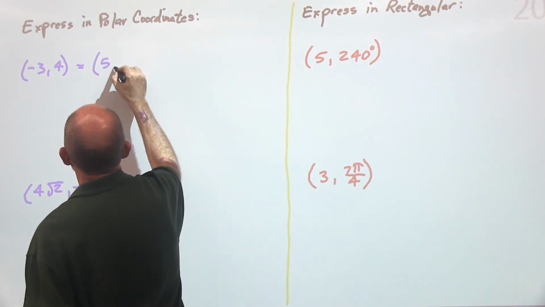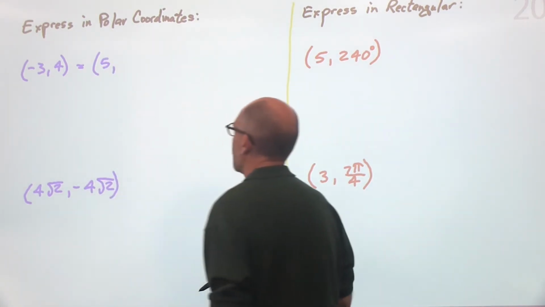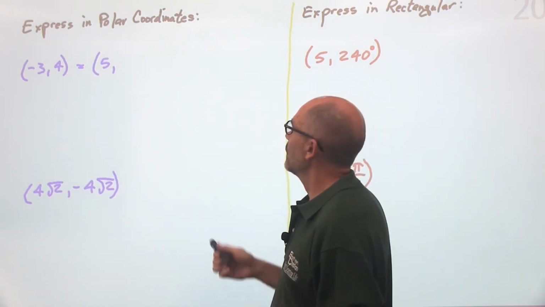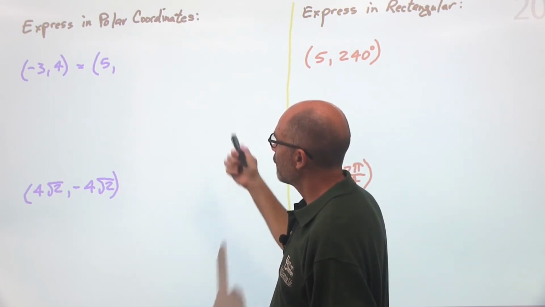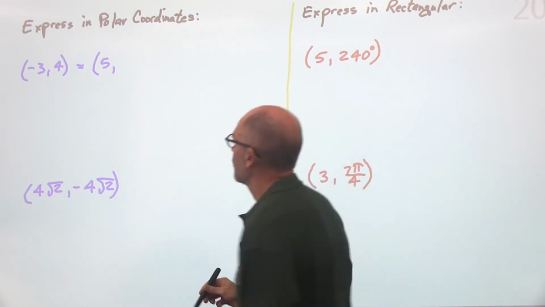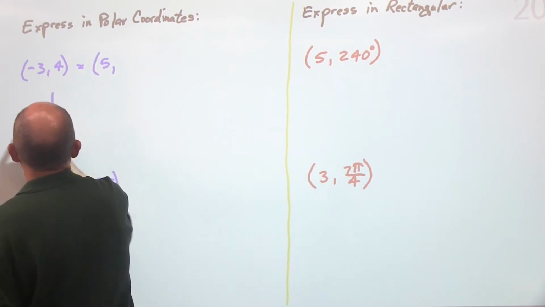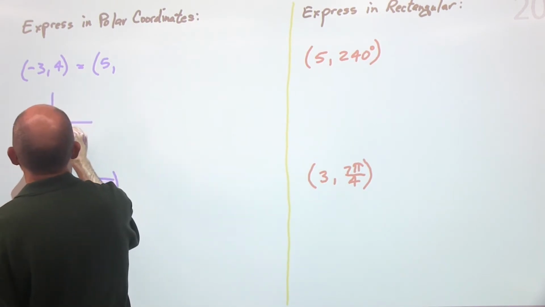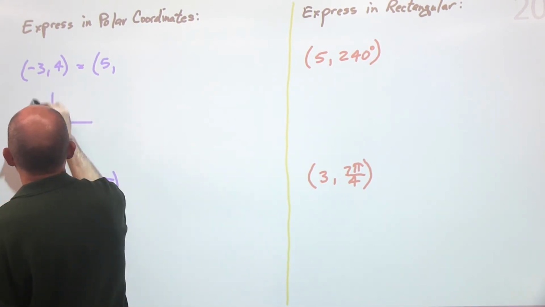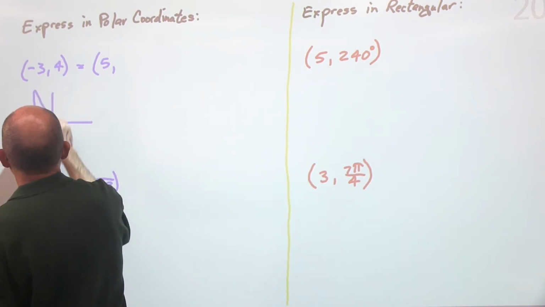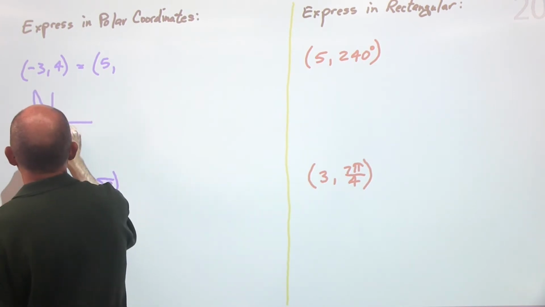So you know it's going to be 5 comma something. And so all we do is take inverse tangent of 4/3, because notice we're looking right here. Left 3, up 4. And there's my theta.